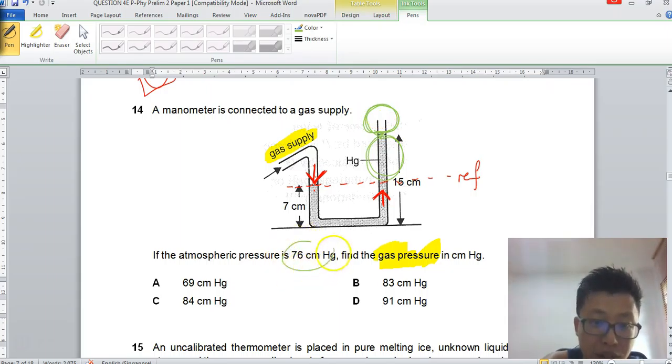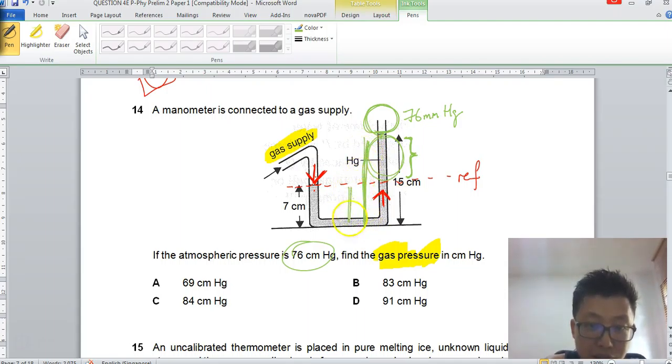So they already tell you the atmospheric pressure here is 76 mm mercury, and you can work out the pressure of this column. The pressure of this column is just 15, which is this height, minus the 7 cm. So this is 15 minus 7, that will give you 8.